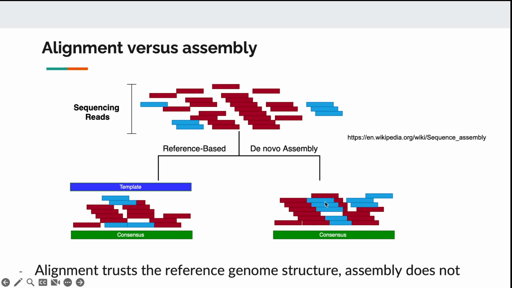But if you do sequence assembly, you have the opportunity to detect new insertions and new deletions. So it's a trade-off. Assembly is much harder, but you have the possibility of discovering new things about the genome. Sequence alignment is much faster, but sometimes you cannot detect structural rearrangements or structural variants.